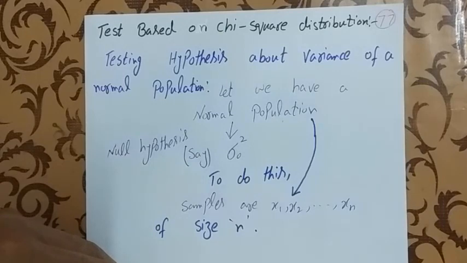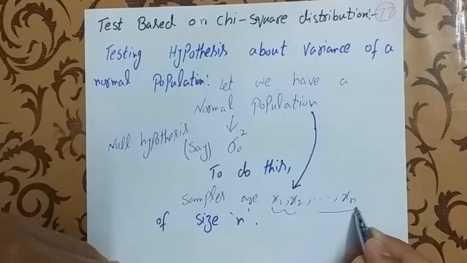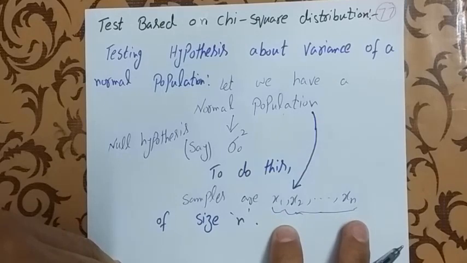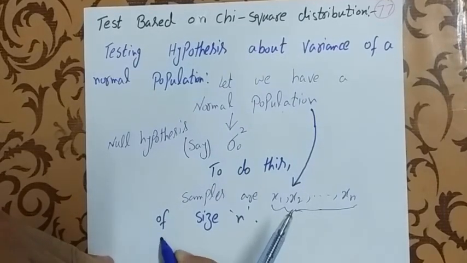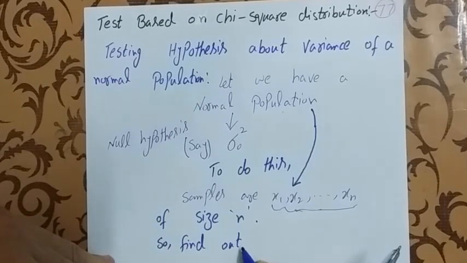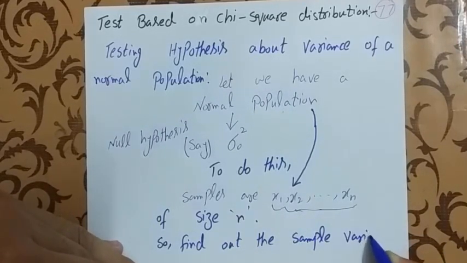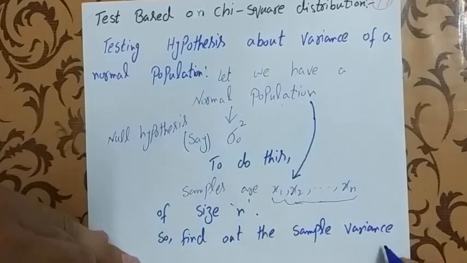Using these samples, we find the sample variance, which is denoted as S square.